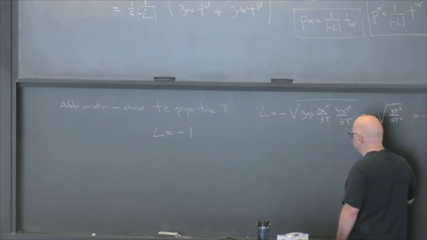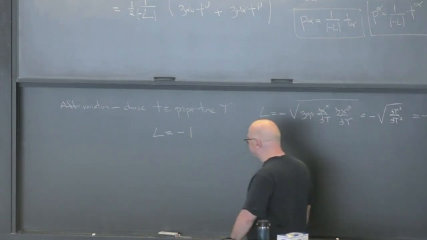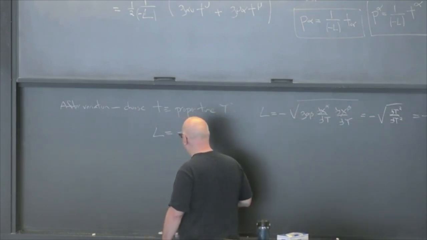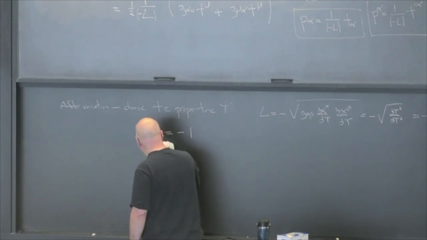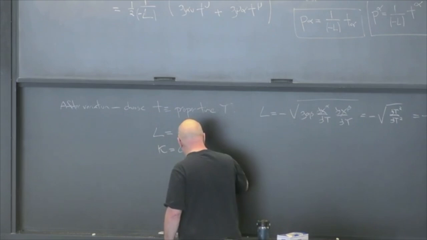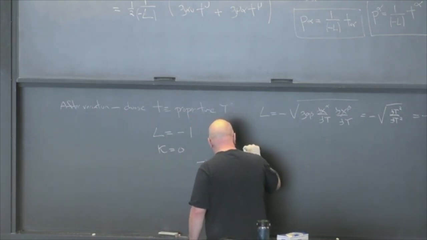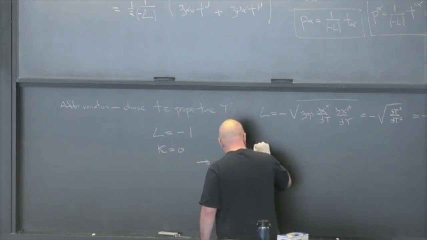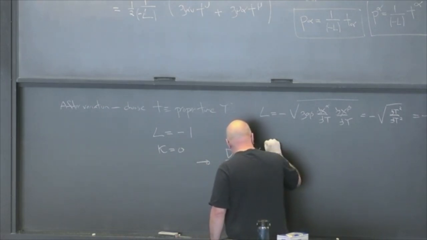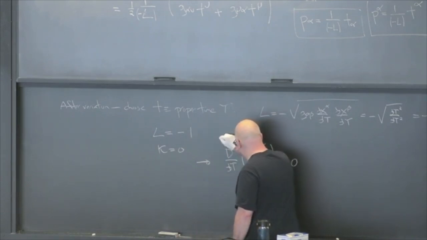So sure enough, it's equal to -1. So by choosing that very specific parameterization, we make L a constant, and that means that we make kappa 0, and in that situation, we get that the geodesic equation becomes the more familiar equation in terms of proper time.